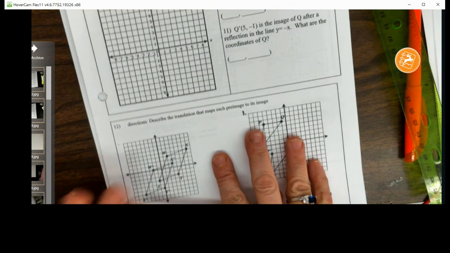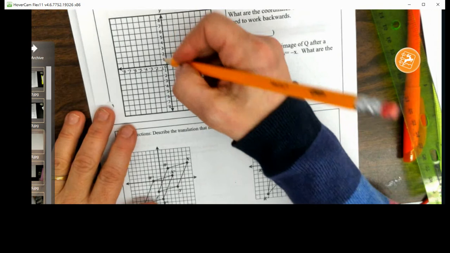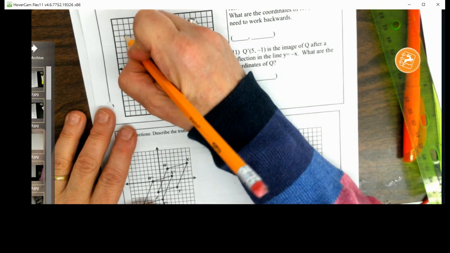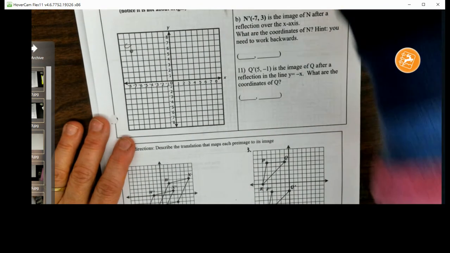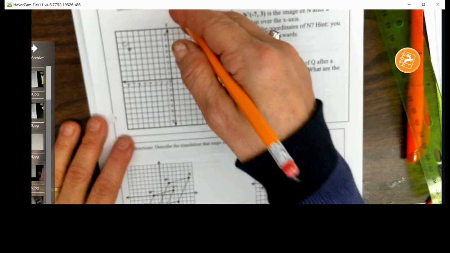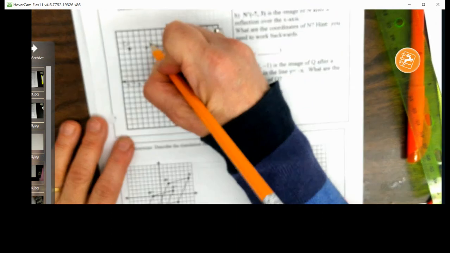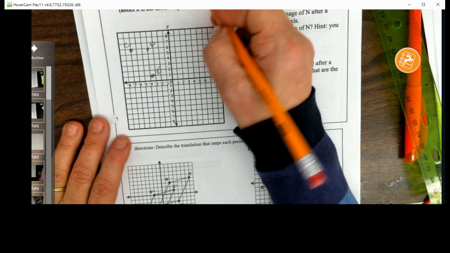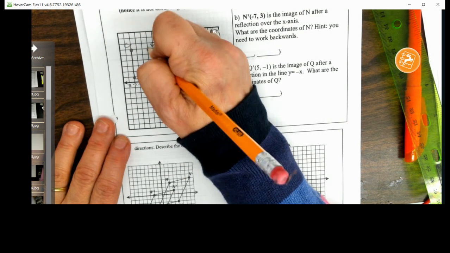Okay. 9, we're going to place our points. Negative 7, 6. This is C. D is negative 4, 6. E is negative 4, 1. And F is negative 7, 1. So I have a little rectangle going on here.